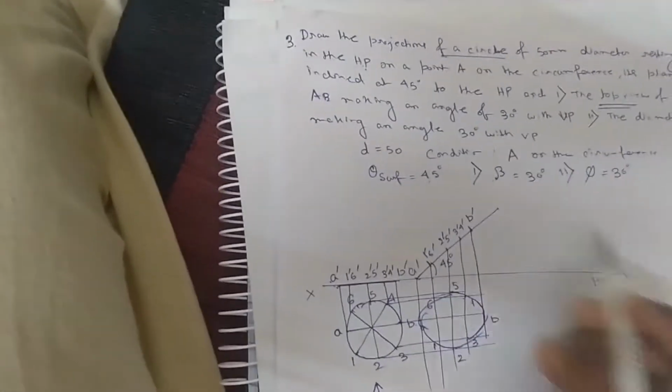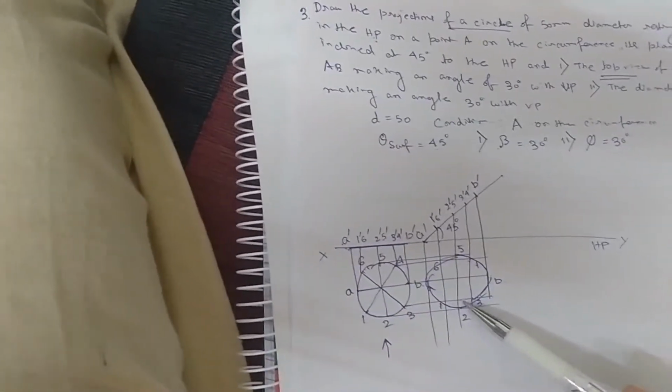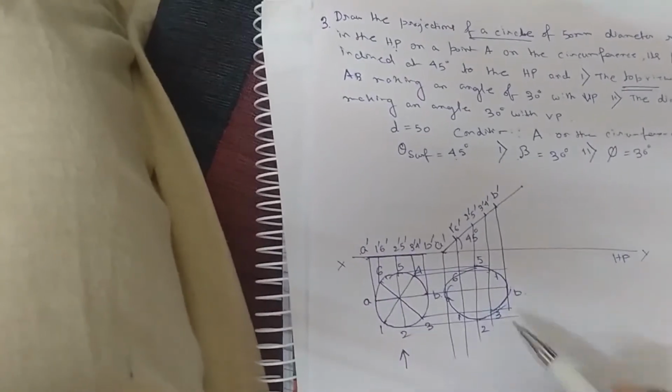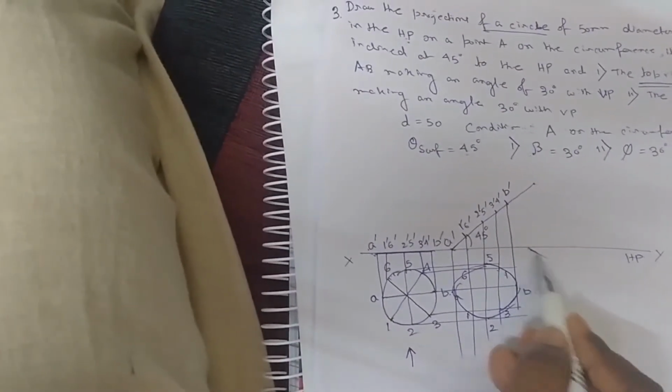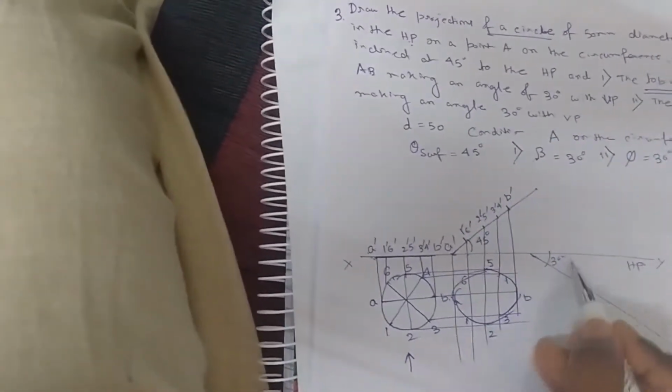After that we are going to consider our edge inclination. Here it is saying the top view of the diameter. This is our final top view right now. That AB line will be making angle 30 degree, so this is our 30 degree.